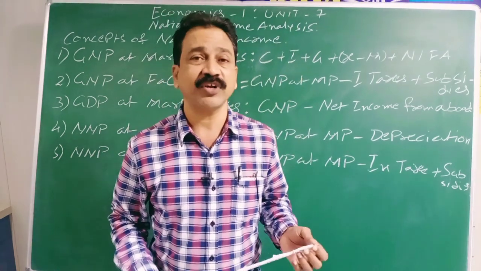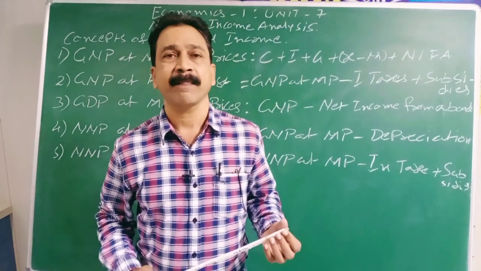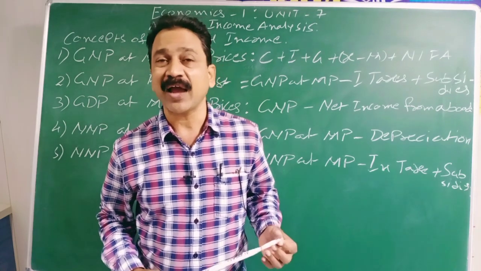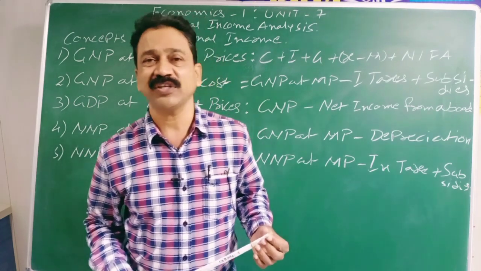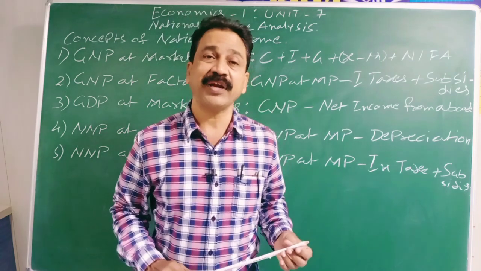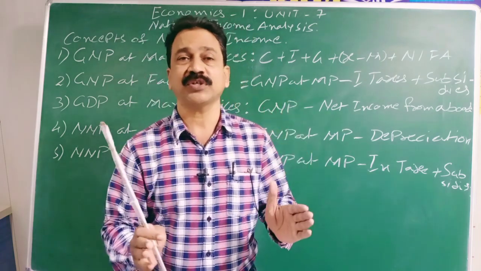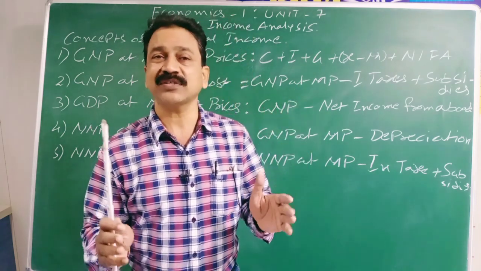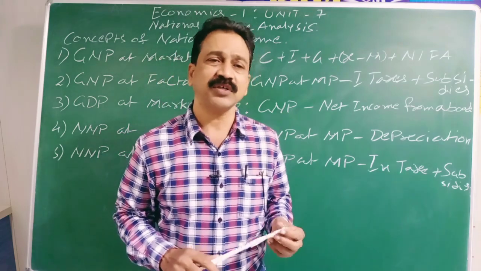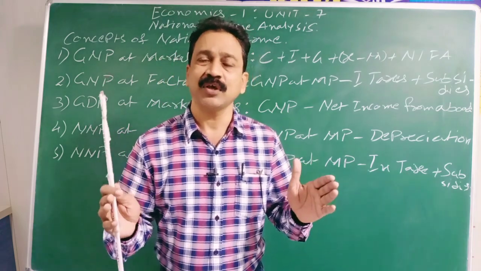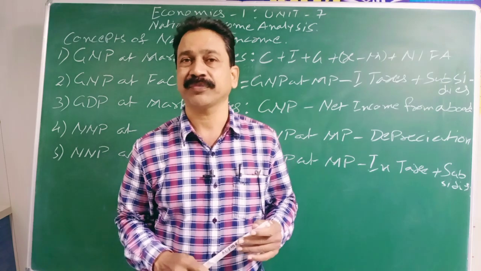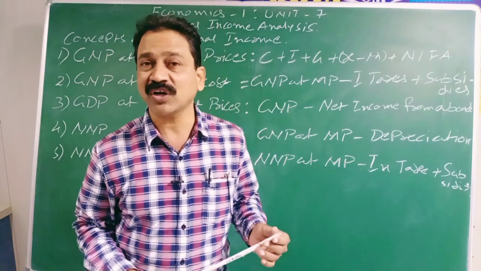The calculation of national income is not such an easy thing. Even to calculate a family income, it is not easy, because you need to maintain a total account. Being account students, you know that even to run a small business, you need to write all the accounts, and writing those accounts is not so easy.